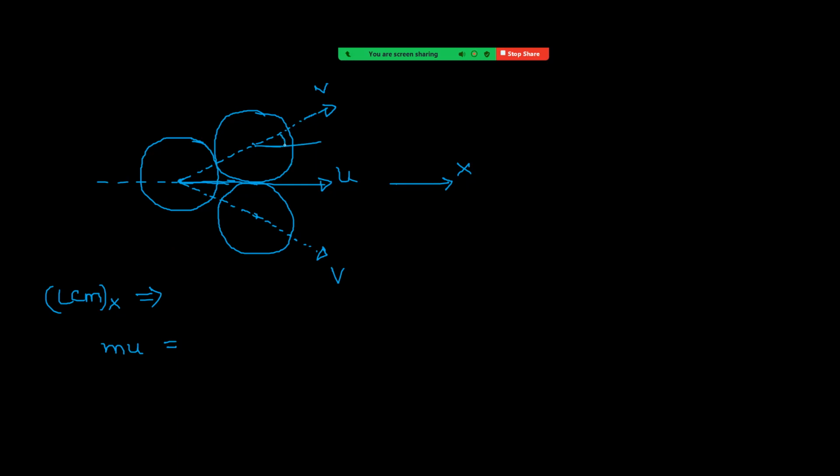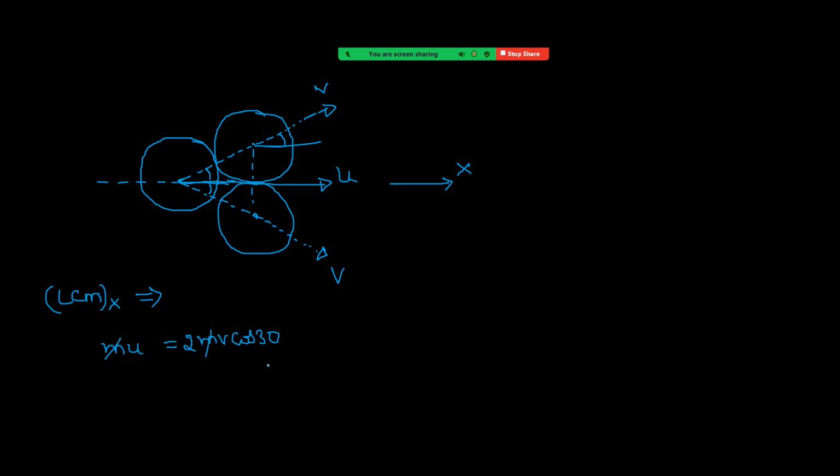This angle is, that angle is 30, right? We can see total angle is 60. If I am joining centers, this is 30, this is 30. So this is also 30. So mv cos 30, mv cos 30. Now same thing second ball, I'm taking into 2.